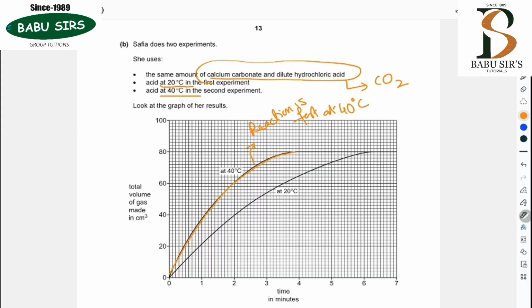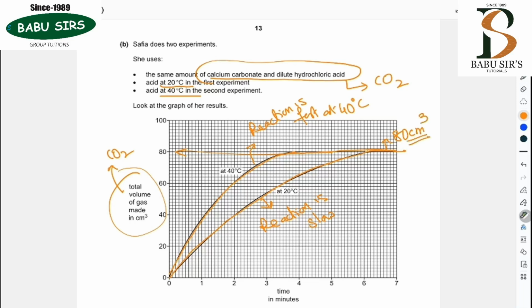And second is at 20 degree. So I think this curve is 20 degree. So when you are using 20 degree, the reaction is slow. But if the reaction is fast or slow, the total gas, that is CO2, what will be produced? It will be produced the same. Only thing, it will be fast or slow. So if you see it here, it is around 80 centimeter cube.